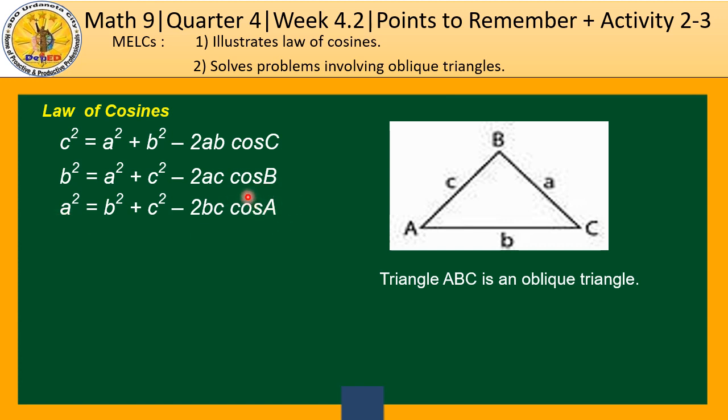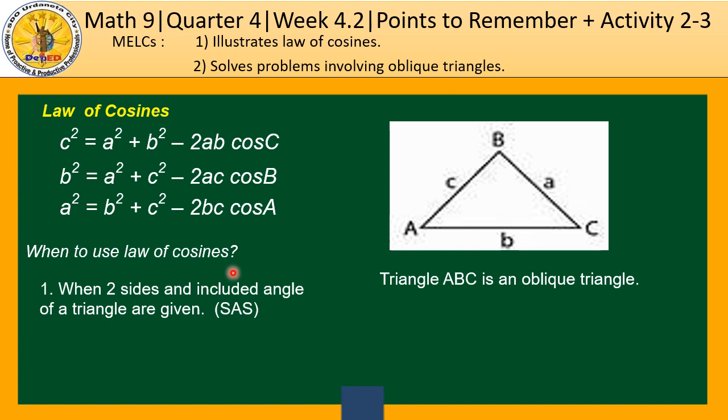Hope it will help you a lot to remember this cosine law. Another question: when do we use the law of cosines? There are two cases or scenarios where the cosine law is applicable.